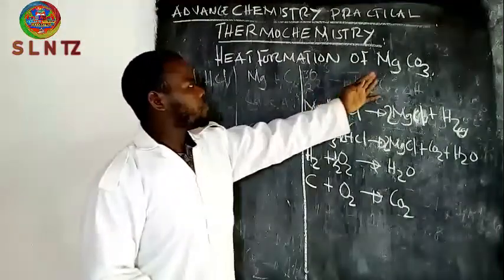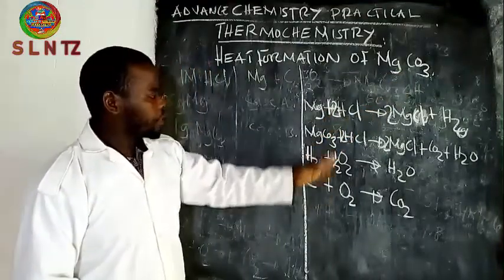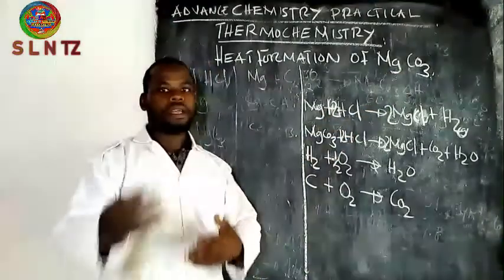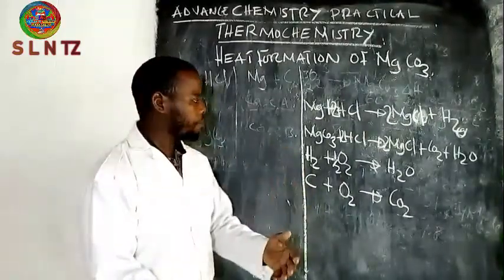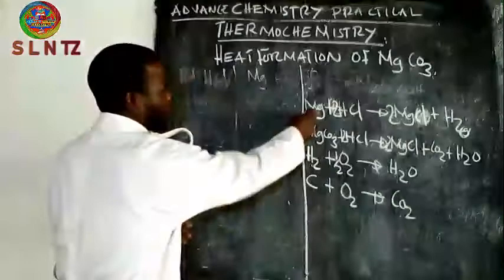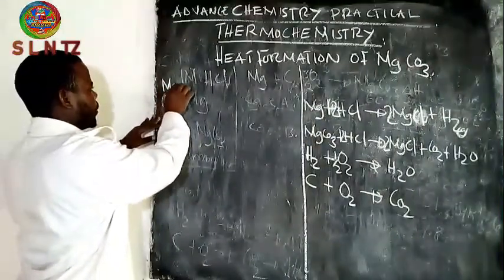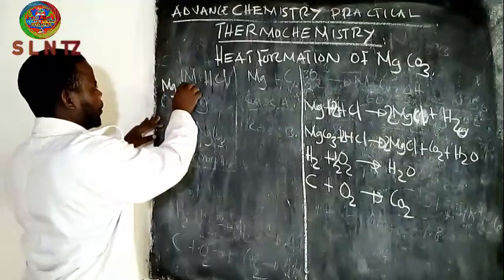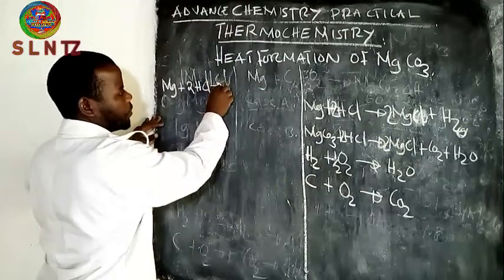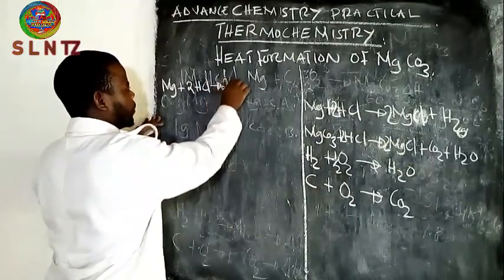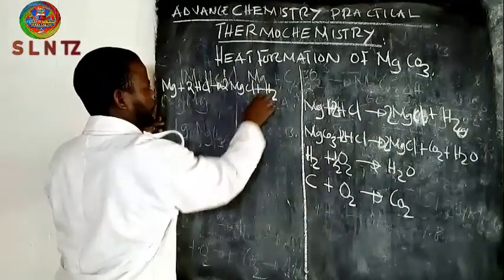In order to reach here, this reaction is going to undergo a reverse process or reverse reaction. So the first will be this one: 2 hydrochloric acid. The product will be 2 magnesium chloride plus hydrogen gas.